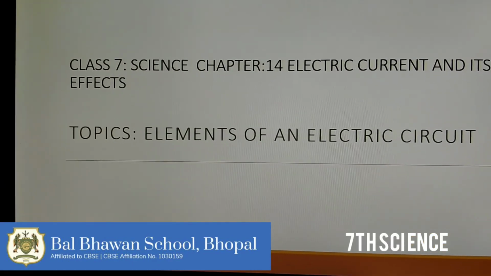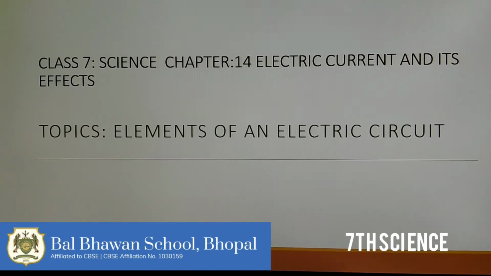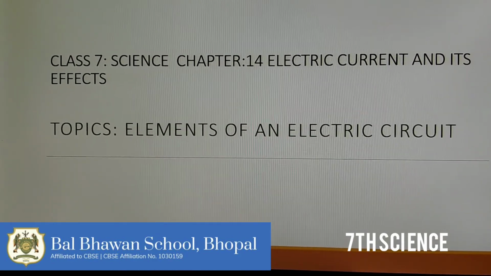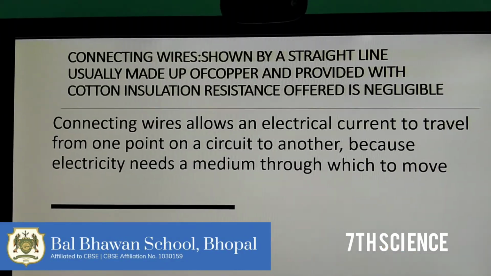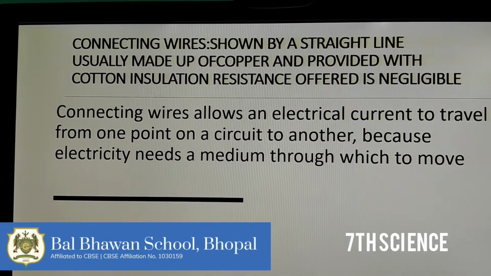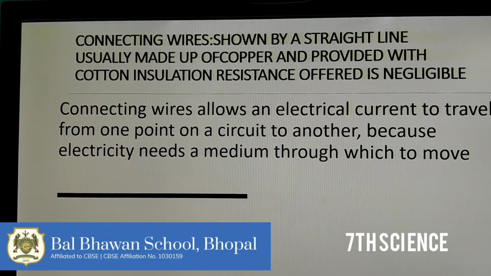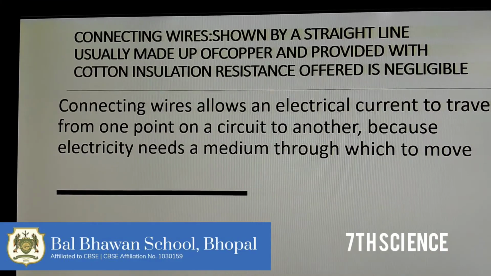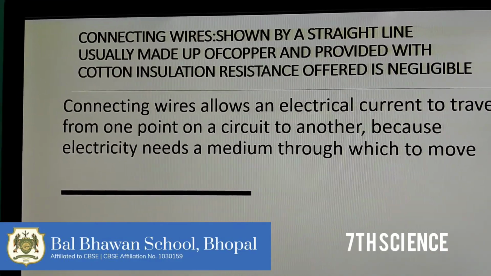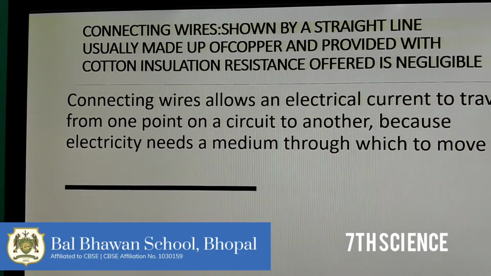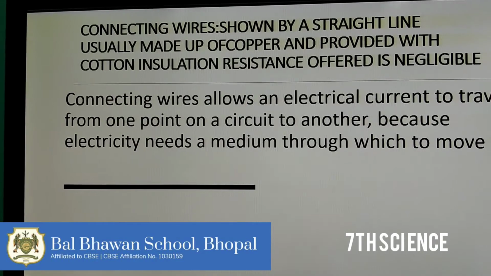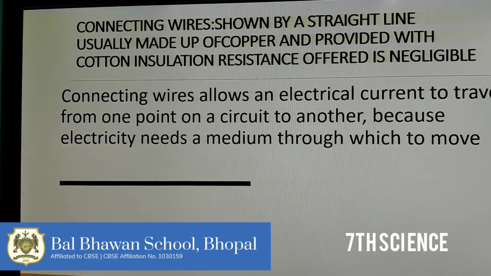Class 7 Science, Chapter 14: Electric Current and its Effects. Topic: Elements of an Electric Circuit. Coming to the first one, connecting wires, shown by a straight line. Made up of conductor, that is metals, most commonly used copper and aluminium, provided with cotton as insulation.